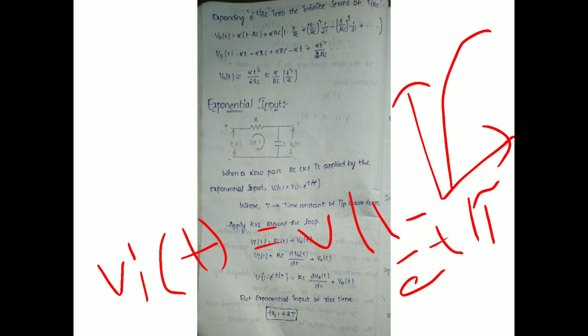Applying KVL around the loop, V of t is equal to the drop across R, that is i of t times R, plus V naught of t.